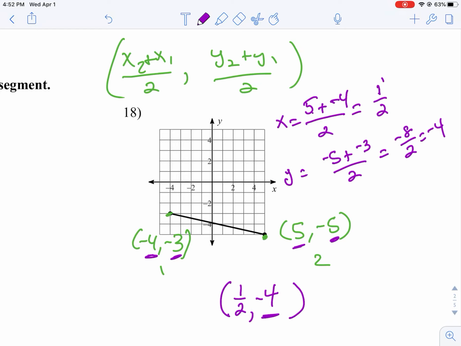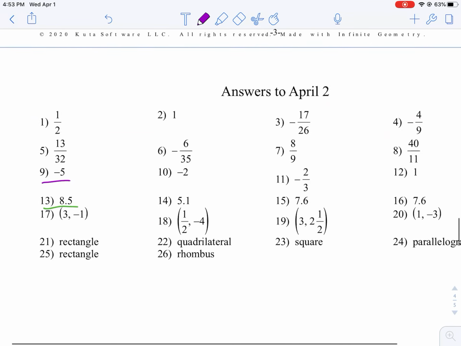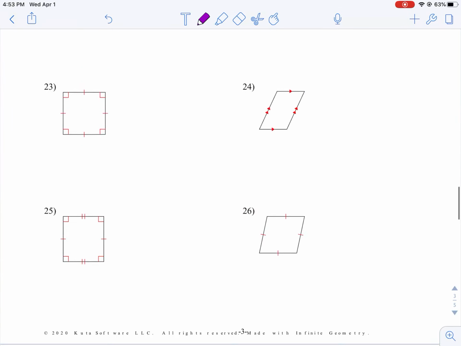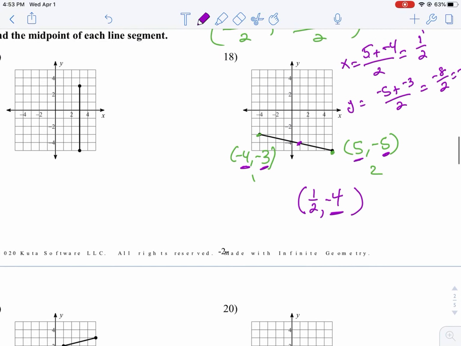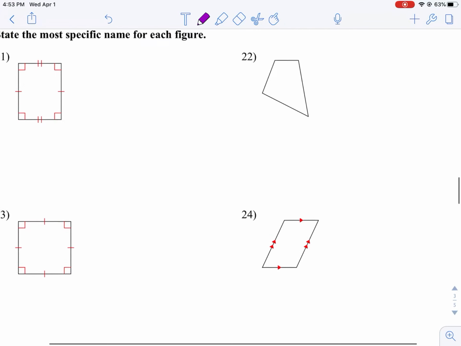So that's a whole number. Okay? So basically, they're saying 1/2, -4 is the midpoint. Right in that area. I think I'm right. Let's see, 18. Yep, 1/2, -4. Okay? And that's how you do your midpoint. And you've done those already.